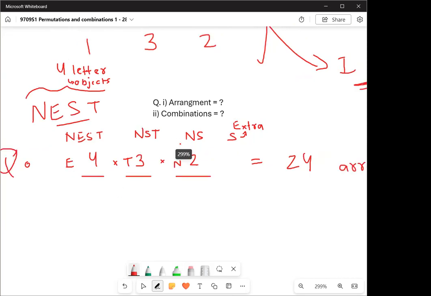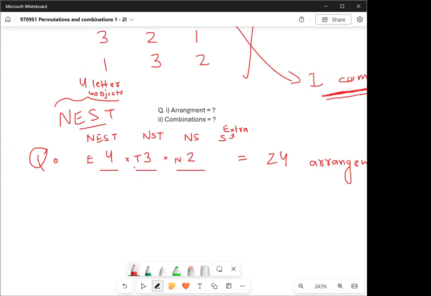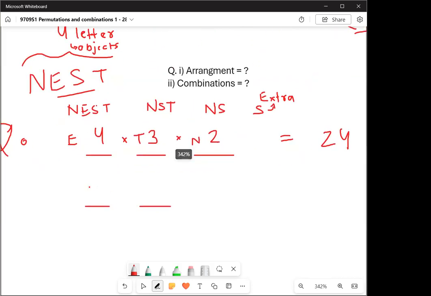Now I'm trying to arrange 3 letters from 4 letters. What if I try to arrange 2 letters from 4 letters? It would be 4 into 3, which is 12. So it would be 12 only, not 4 factorial, right?